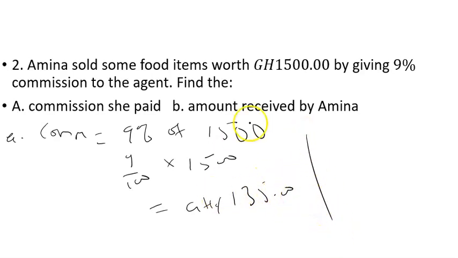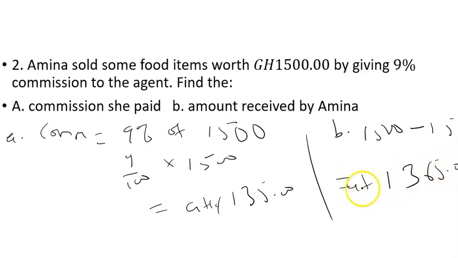This is the amount given to the agent. We're going to look at how much Amina received. Amina received 1,500 minus the amount given to the agent. When you press this, you get 1,365.00 Ghana cedis. This is the amount Amina received.